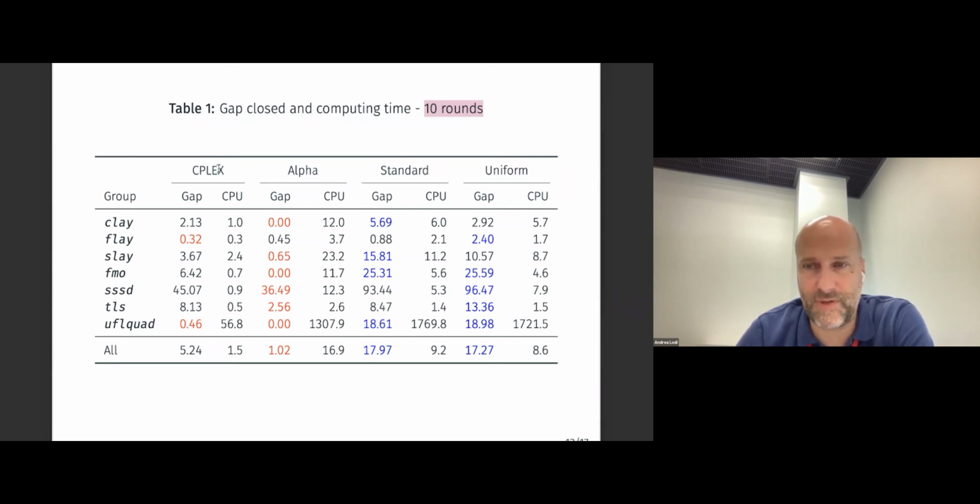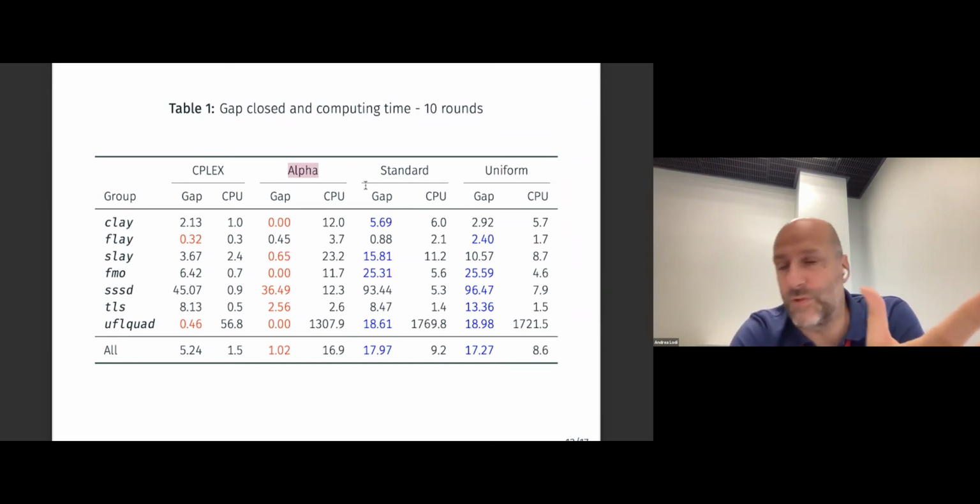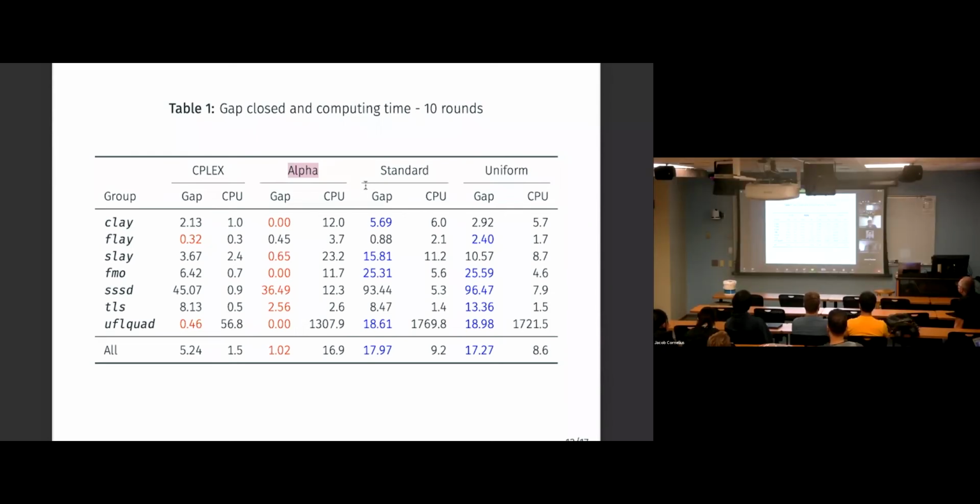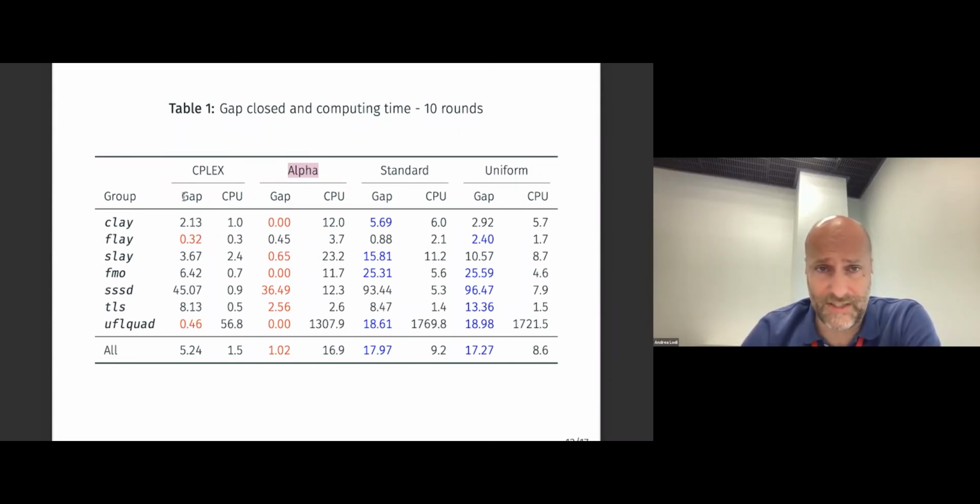The first one is Cplex, in which we are using 10 rounds of lift and project cuts. Then alpha is the alpha normalization, then the standard normalization and the uniform normalization. I'm not reporting results on the polar and the trivial normalization. What we are interested in is the gap closed at the root node after these 10 rounds of cuts, and this is the CPU time.